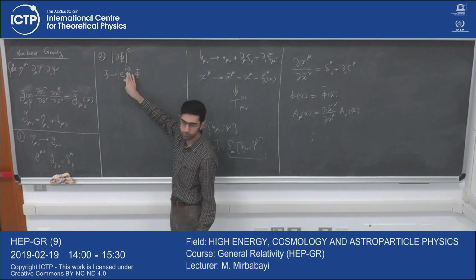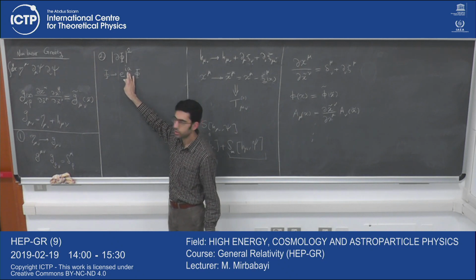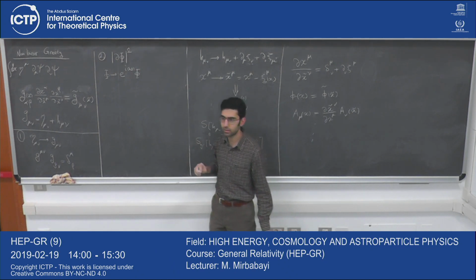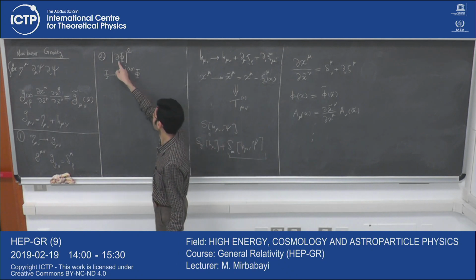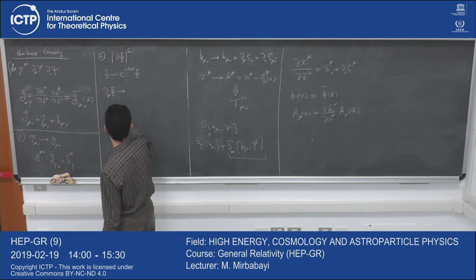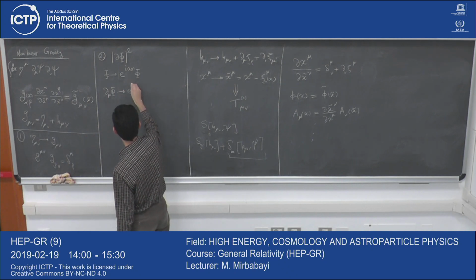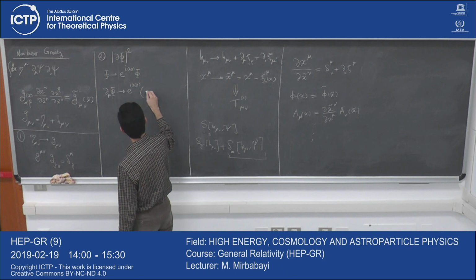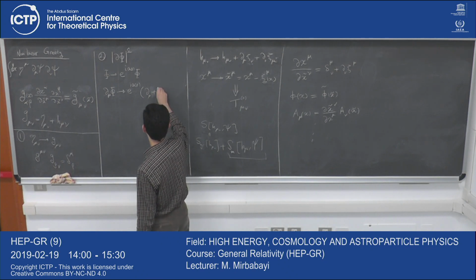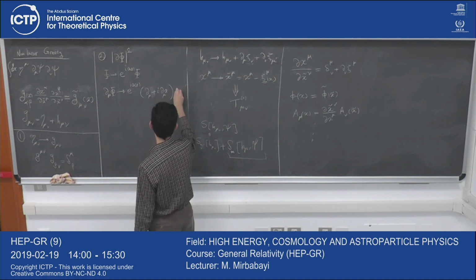Now, if I want it to be invariant under a transformation when this a is not constant but a function of space-time, then I have to change these derivatives, because now the derivative of phi goes into e to the i a of x times the derivative of phi, plus i times the derivative of a times phi.